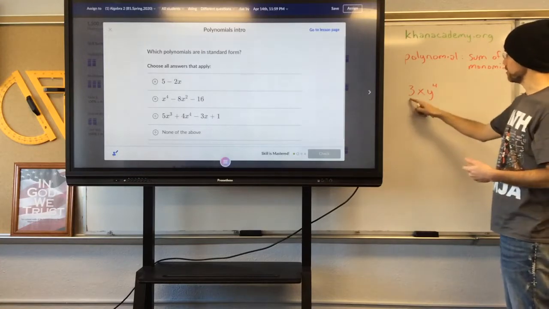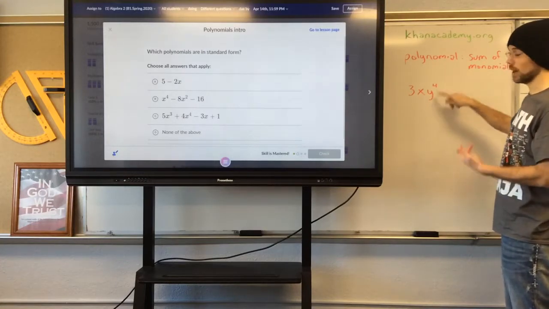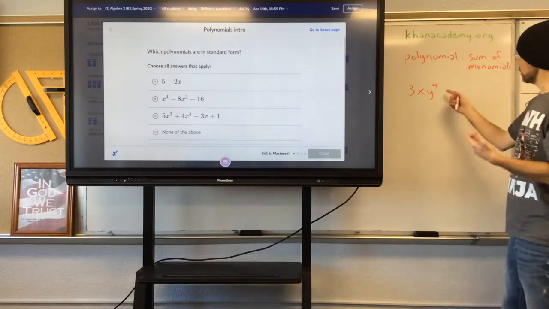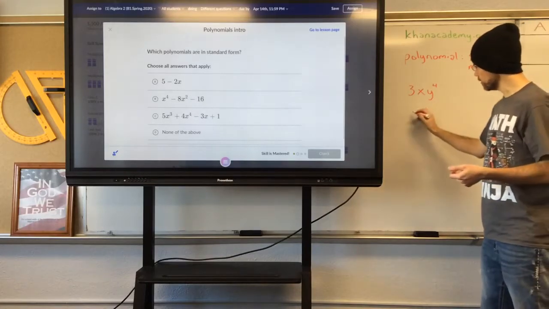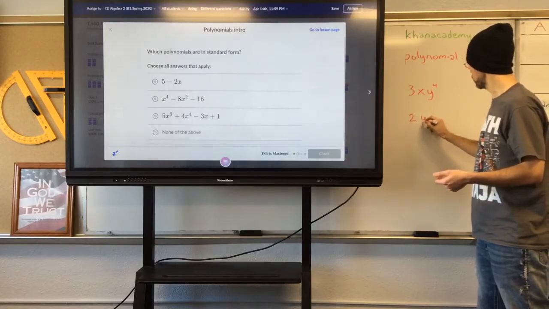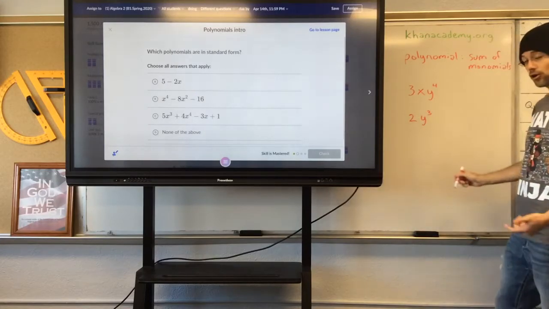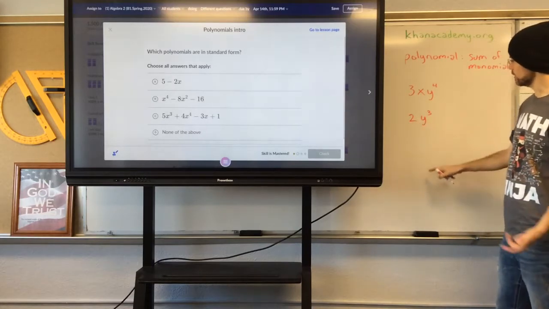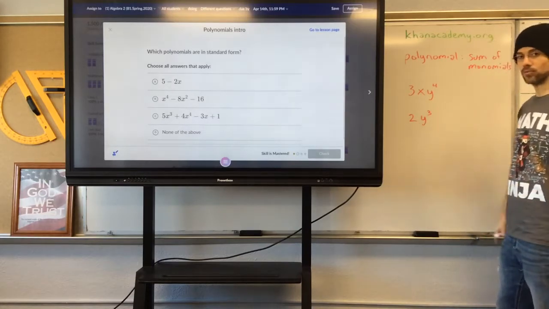It's the product of these factors, 3x and y to the 4th. So here's a monomial. Here is another monomial. 2y to the 3rd is a monomial. It's got a constant. It's got one variable raised to the 3rd power.